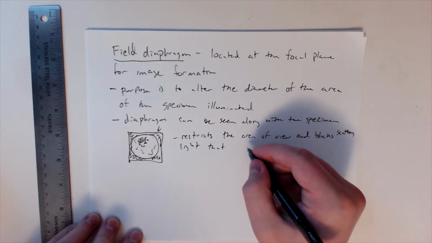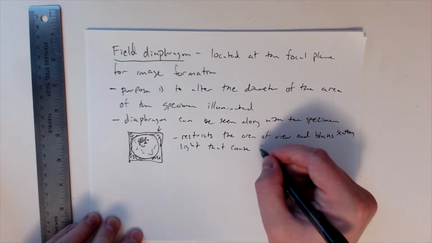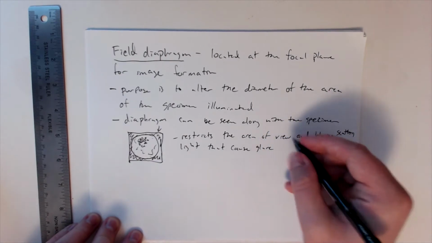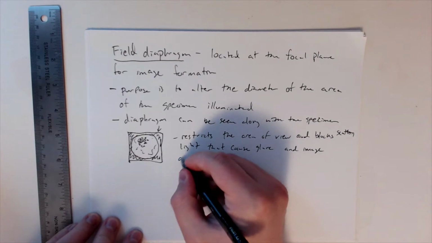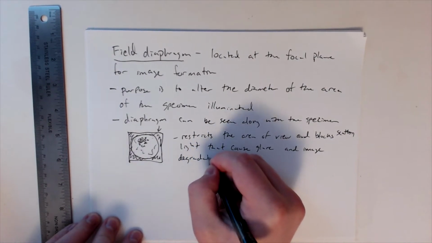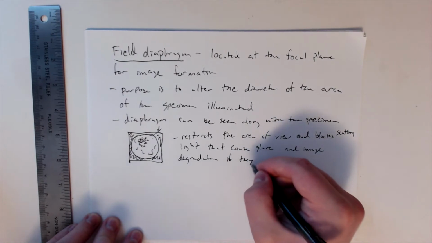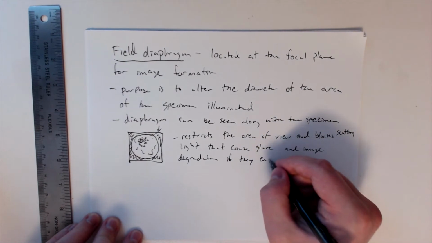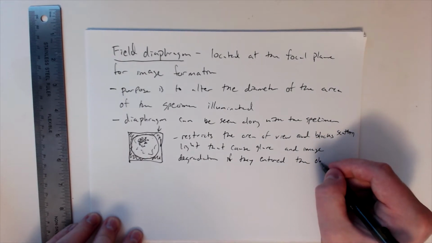And the reason we do this is because that scattering light can cause glare and image degradation if it enters the objective lens.